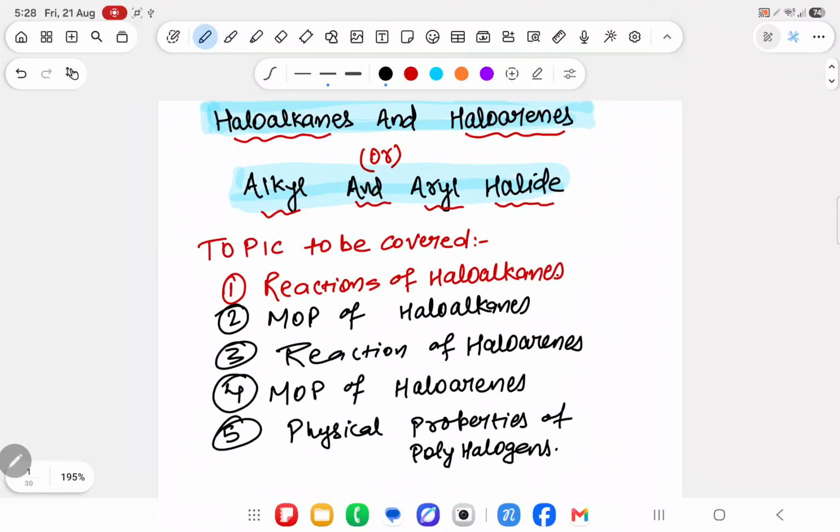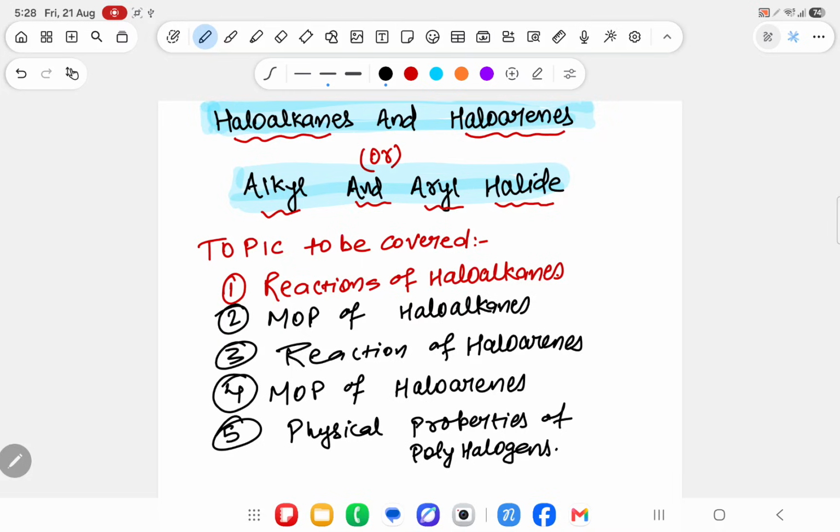Yes, students, once again, very good afternoon, good morning, good evening, whenever you are seeing this lecture. Today we are going to start one of the very important topics, and the name of the chapter is called Haloalkanes and Haloarenes. For those students who have already seen hydrocarbon, electrophilic aromatic substitution and Grignard reagent, this chapter is the easiest chapter, but something new will come.